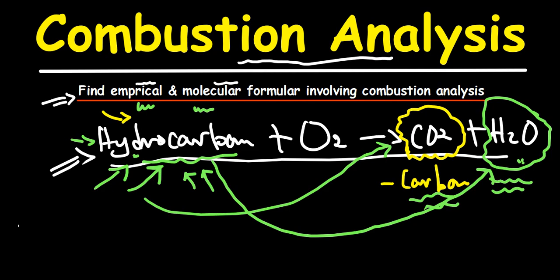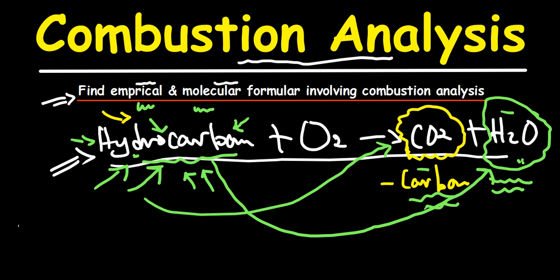So by finding the amount of carbon in carbon dioxide, we are indirectly finding the amount of carbon in the hydrocarbon. By finding the amount of hydrogen in this water, we are indirectly finding the amount of hydrogen in this hydrocarbon. Okay, I hope that is clear.